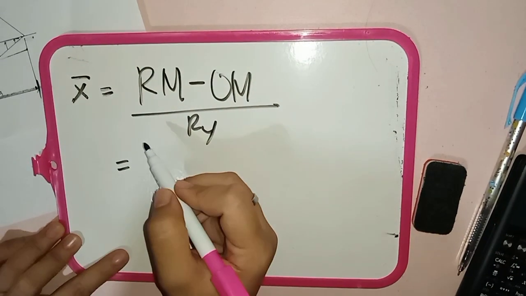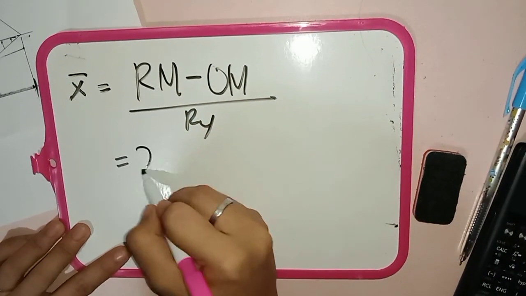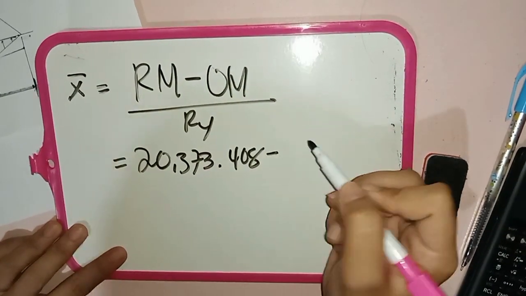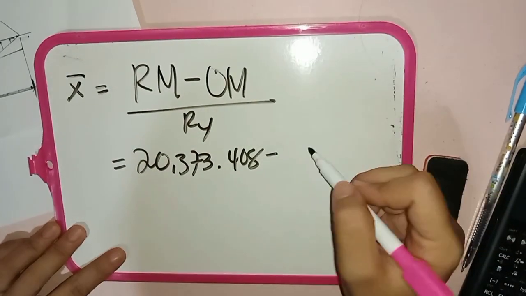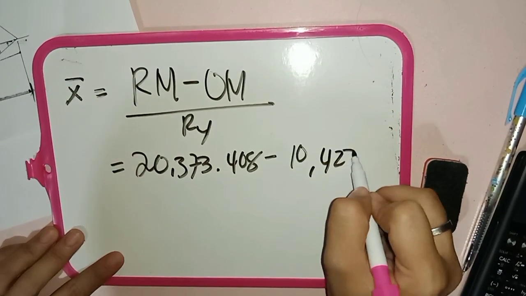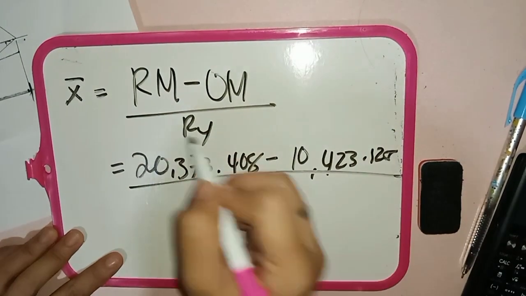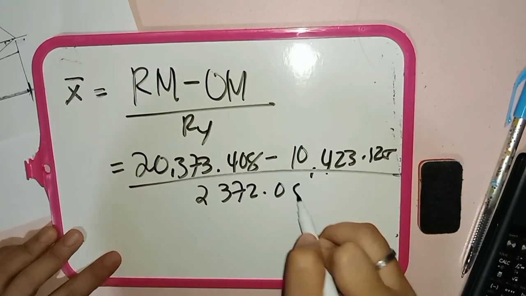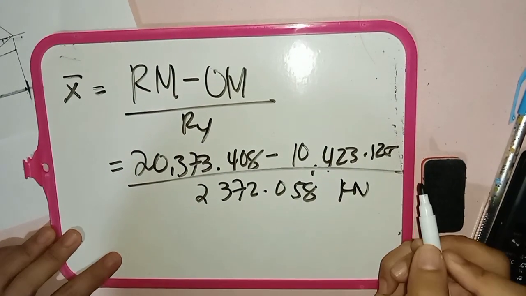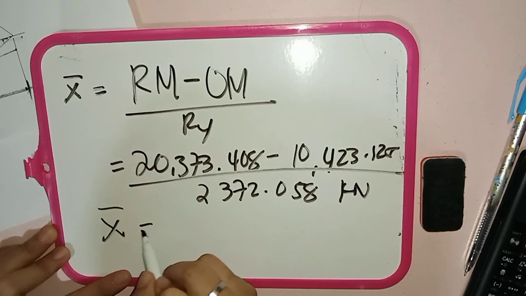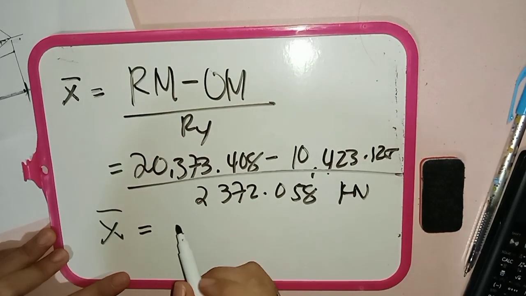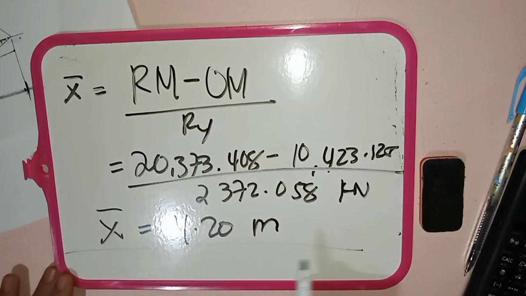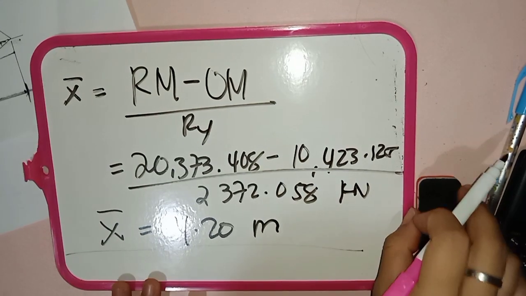The value of our Rm is 20,373.408 minus the overturning moment we solved earlier, 10,423.125, over our Ry, minus the uplift, whose value is 2,372.058 kN. So our x-bar, when we compute everything, will be 4.20 meters. So we have gotten the first question of our problem. So 4.20.